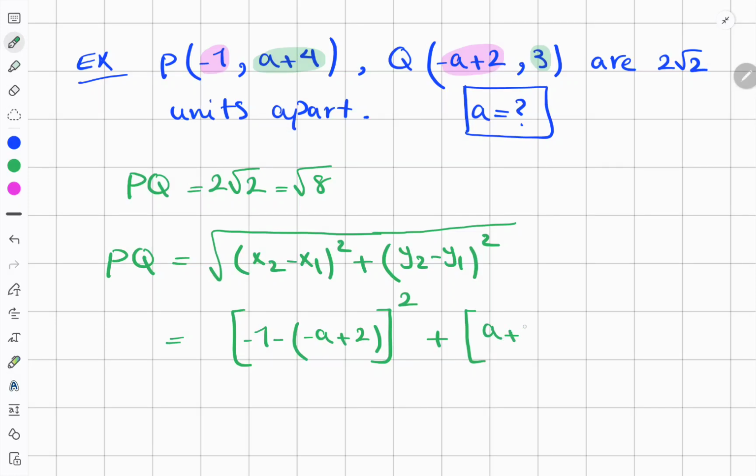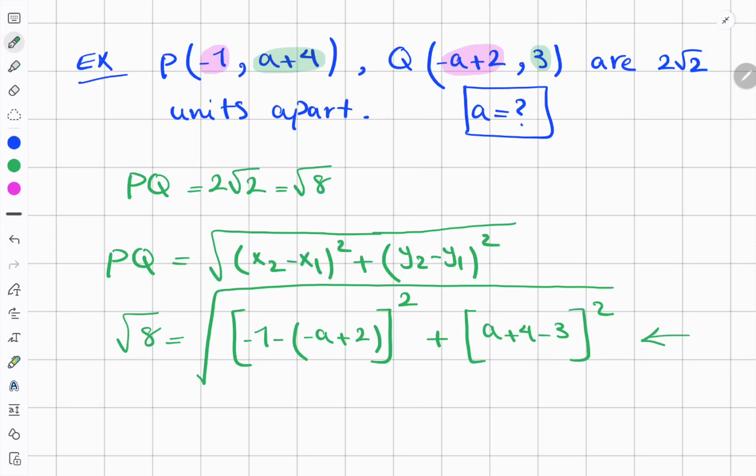So (A plus 4 minus 3) squared. And don't forget to write the square root of that. PQ is radical 8. So we have this equation and we should simplify and solve for A.